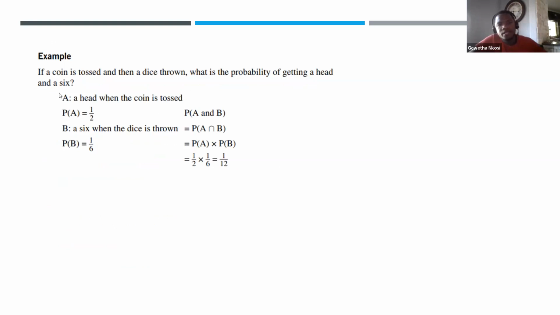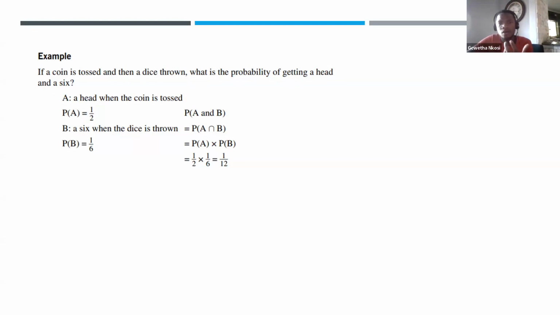Now let us look at this example. If a coin is tossed and a die is thrown, what is the probability of getting a head and a 6? One, you must get a head; the other, you must get a 6. How many outcomes are you going to have if you are tossing a coin?